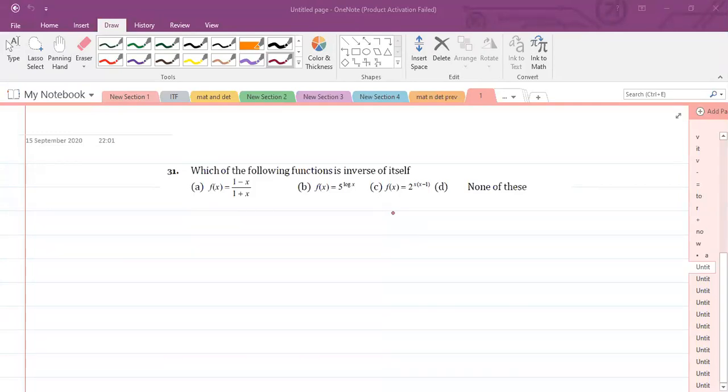Yes, definitely it's A, because I will rewrite the function as f of x is equal to minus x plus 1 divided by x plus 1.